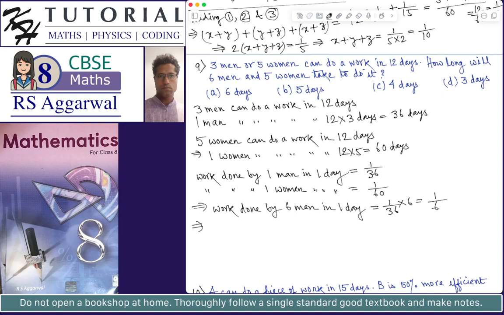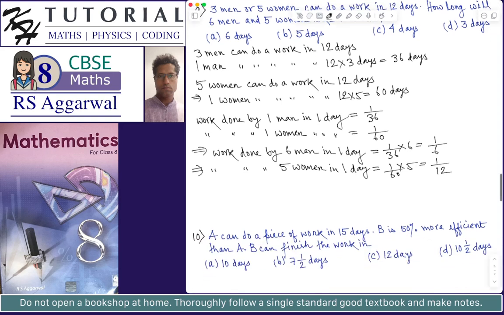Similarly, work done by 5 women in one day will be equal to 1 by 60 multiplied by 5, which is equal to 1 by 12.